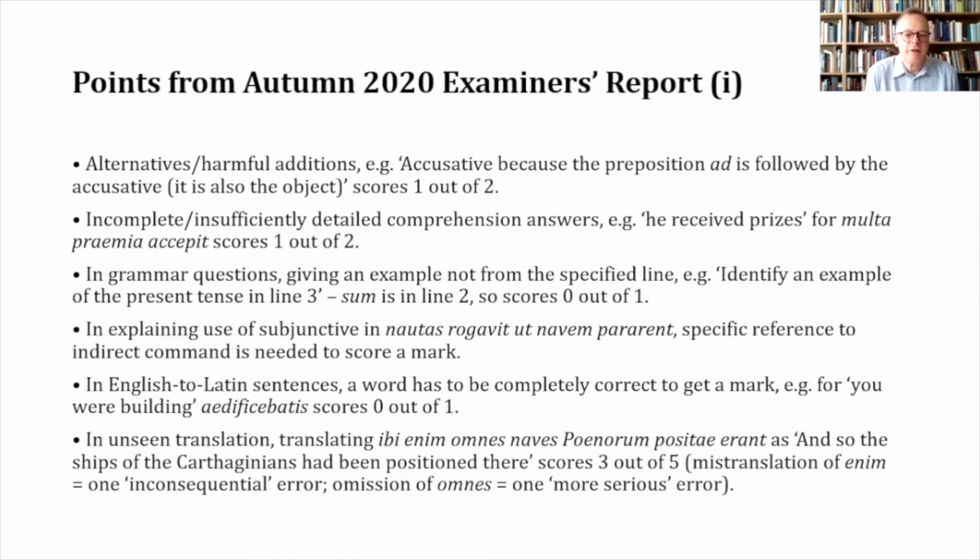In the unseen translation, translating "ibi enim omnes naves Poenorum positae erant", and so the ships of the Carthaginians had been positioned there. That's the point I was making earlier about how dangerously easy it is to slip down to 3 out of 5, because the mistranslation of enim is 1 inconsequential error, and the omission of omnes is 1 more serious error, and therefore that takes you not just down to 4, but down to 3.